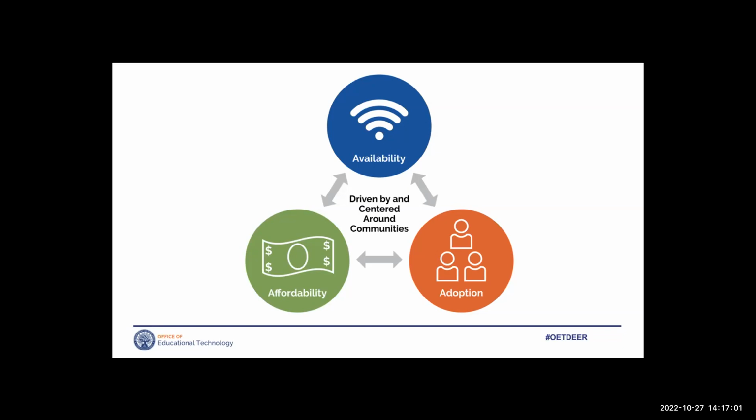So while our federal colleagues at the Federal Commission and the National Telecommunication Administration tackle the critical issues of broadband availability and affordability, we saw an opportunity for the Department of Education to really drive the conversation around adoption and around some of these human level barriers to accessing broadband and technology tools for learning.